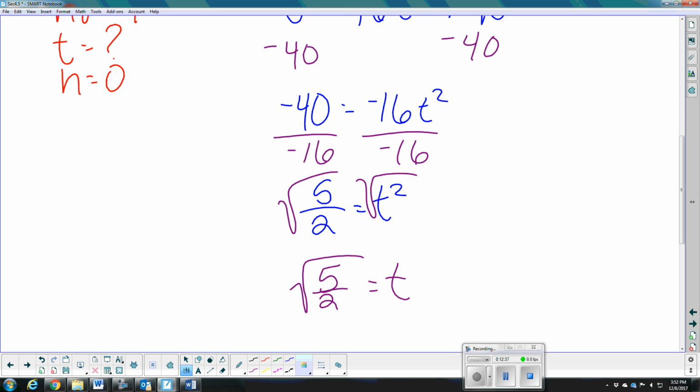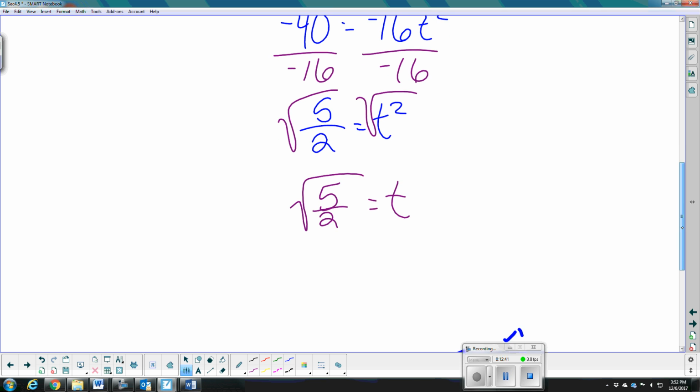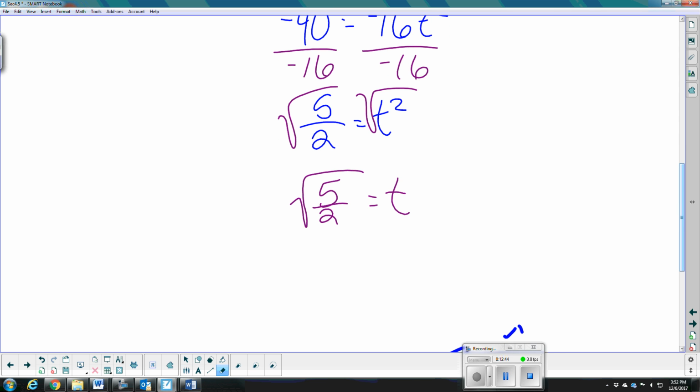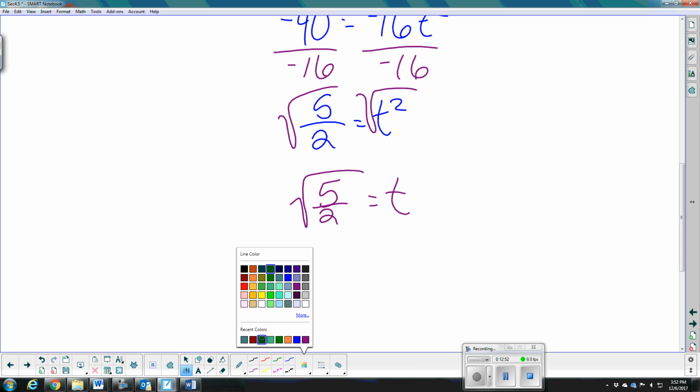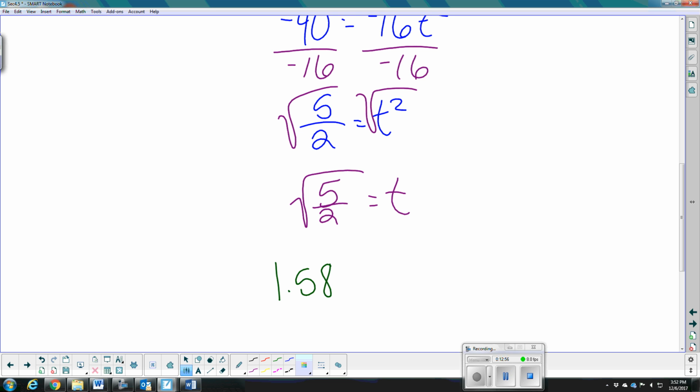This is a problem where it makes sense, so go ahead and convert that square root of 5/2 into a decimal. And you get 1.58 plus or minus 1.58 equals t.